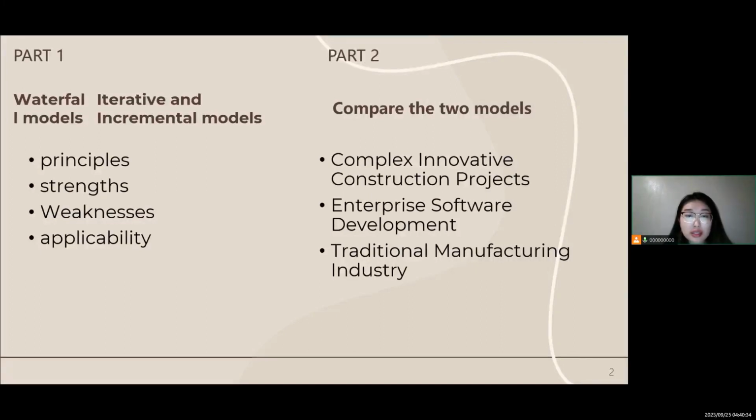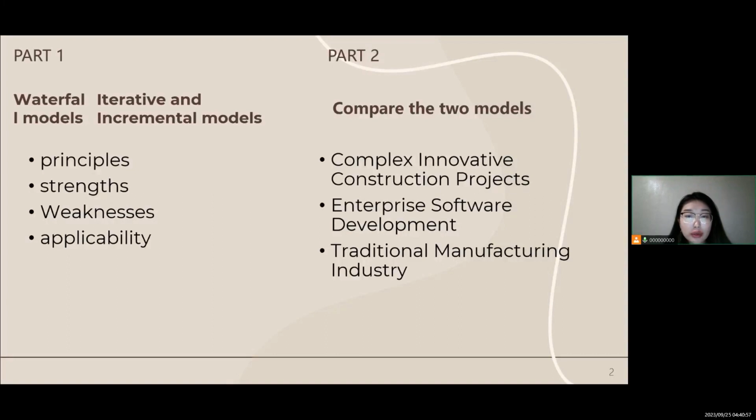In the case of a complex innovative construction project, an iterative and incremental model is preferred over a waterfall model. This is because a complex construction project may require flexibility to adapt to changing requirements.